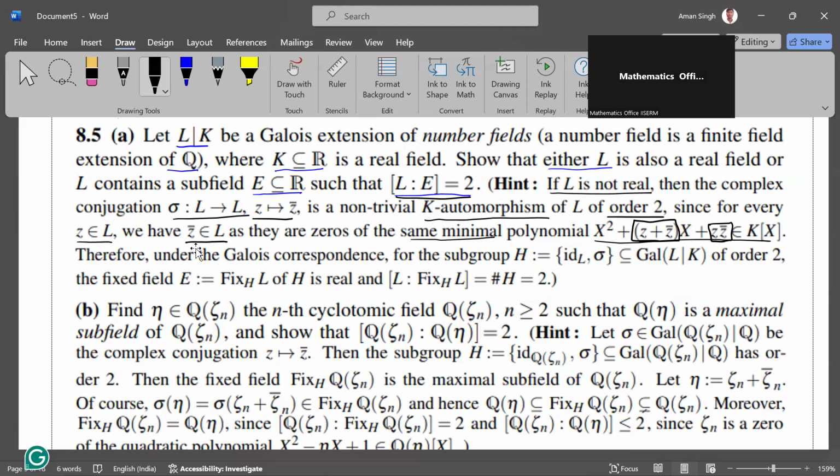Okay. So what else? Therefore, by Galois correspondence for this H, which is a subgroup of order 2, we get this L^H, the fixed field of L by H, is real.